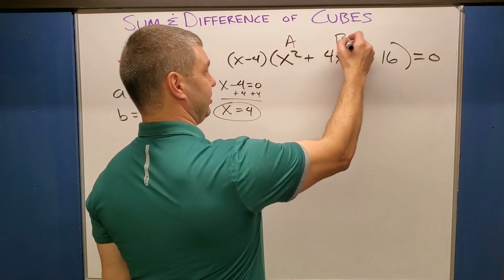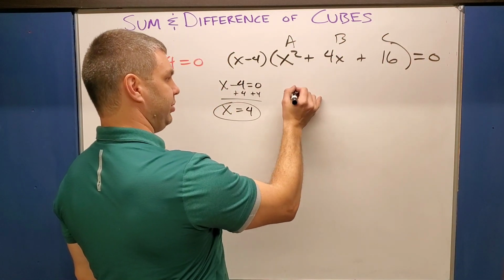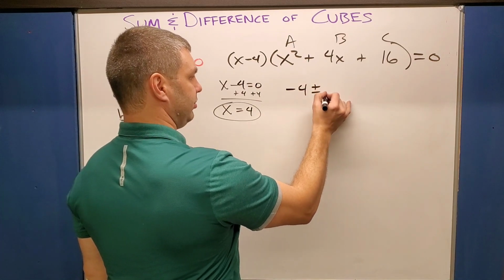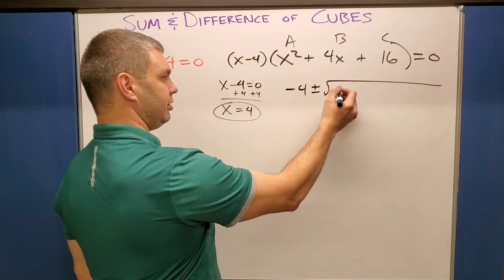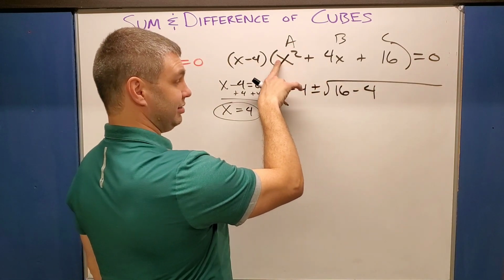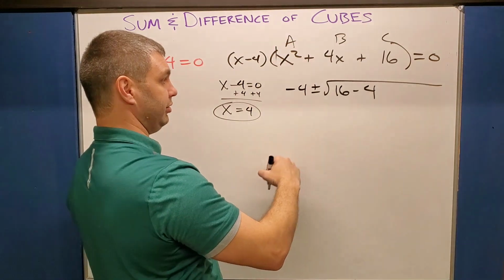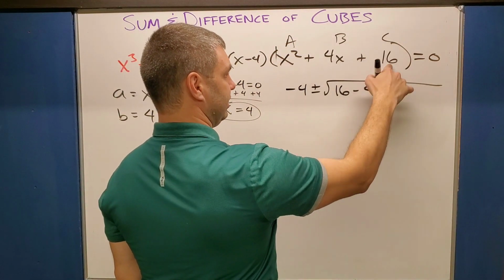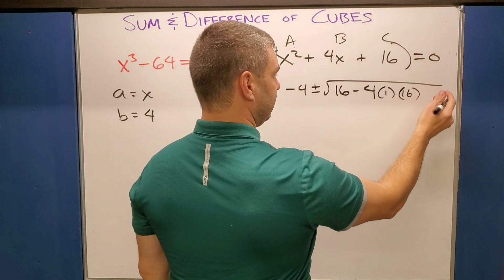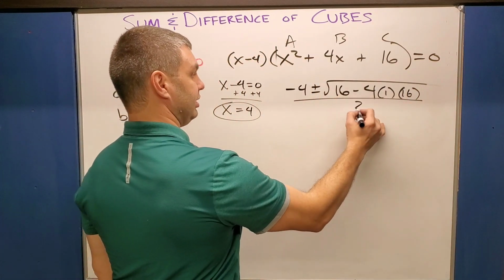So let's do that. Let's call this my a, b, and c, where if I do negative b, or the opposite of my b, I'm going to have negative 4 plus or minus the square root of b squared, 16, minus 4 times a times c. You just use the coefficient here, so my coefficient is like a 1, right? So a is 1 and c is 16, like this. And that's all divided by 2 times a, 2 times 1 is 2.